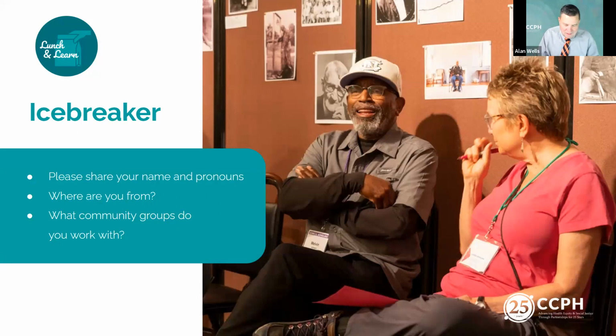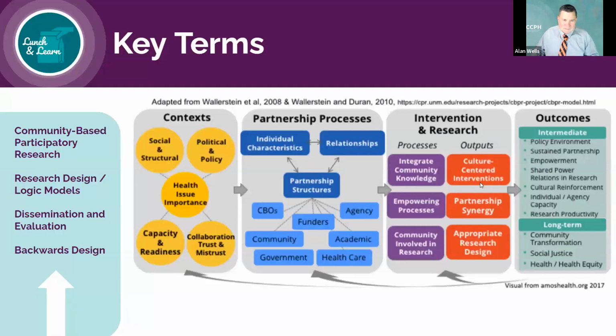All right, everyone. Thank you so much for sharing. We're doing great with time. Let's move to the next slide, please. We're going to go over a few key terms in our lesson today, accompanied by our logic model from Engage for Equity from Dr. Wallerstein and colleagues from the University of New Mexico. Key terms: community-based participatory research, research design and logic models, ways to put things together, dissemination and evaluation, and backwards design.